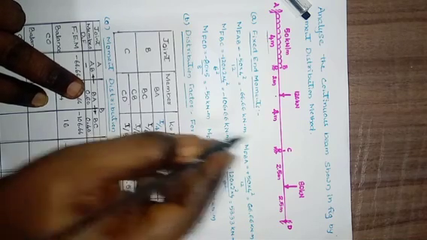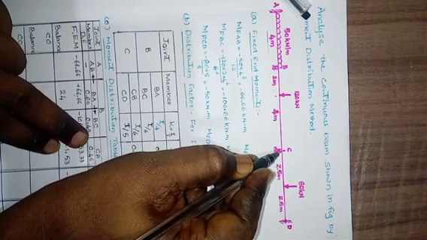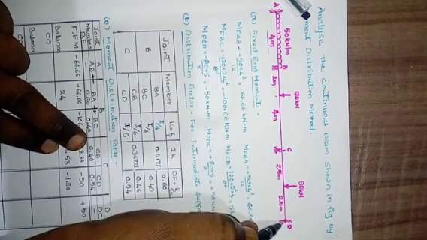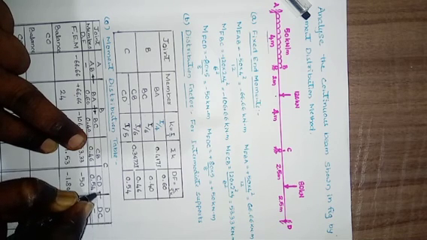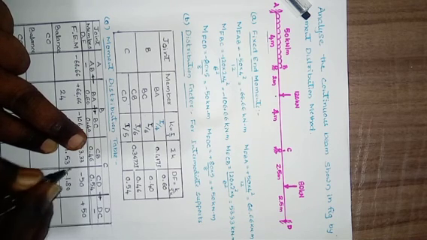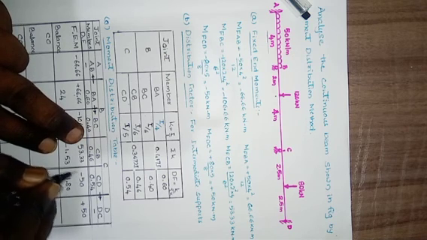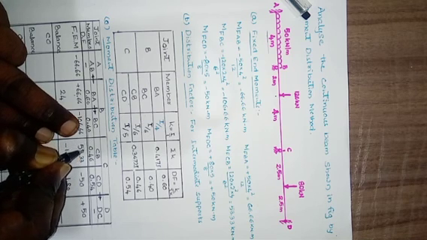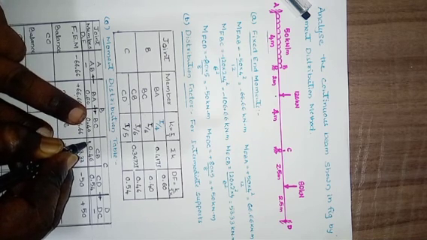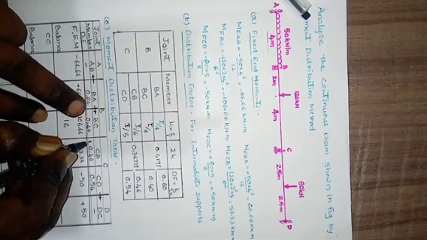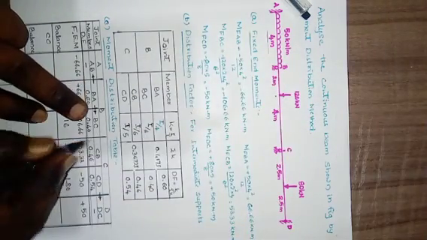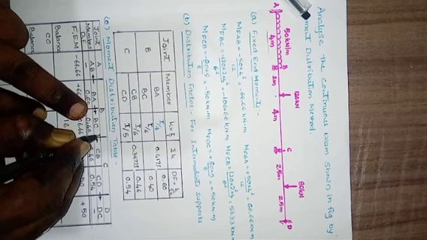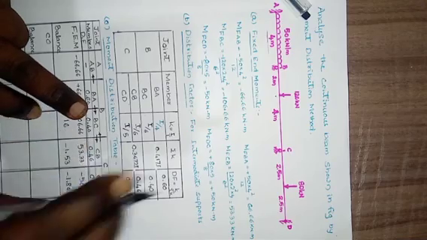Similarly, at joint C, 50% of the moment is carried from C to D. Similarly, from C to B, there is carryover.